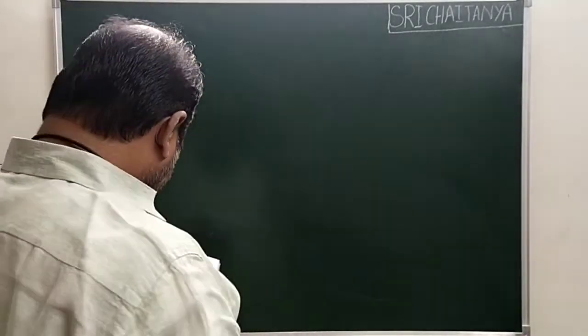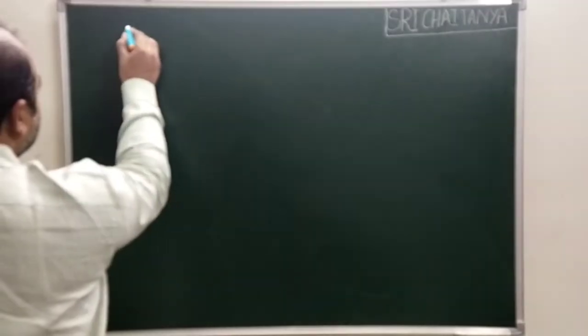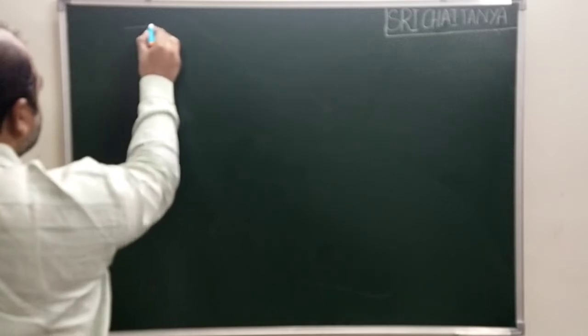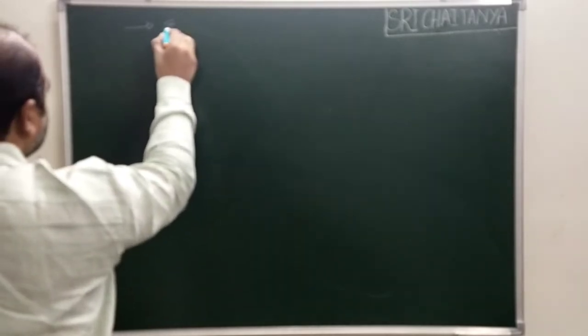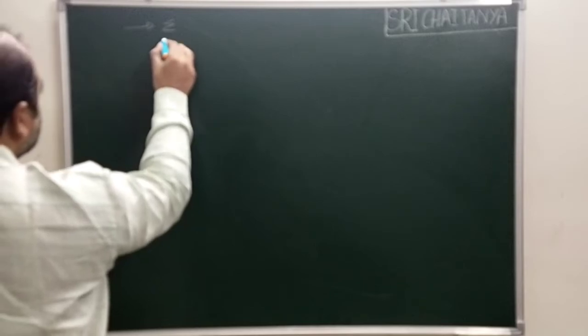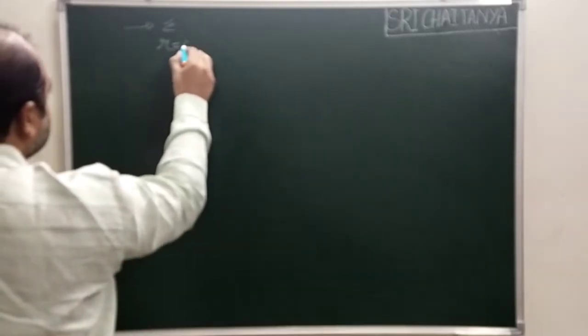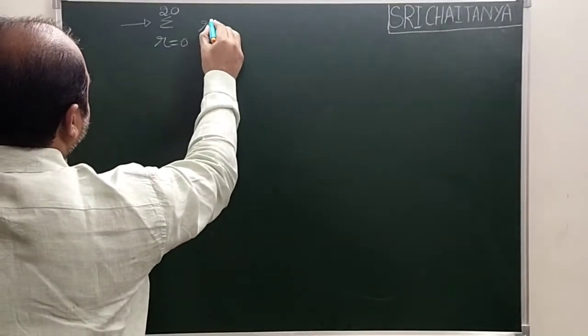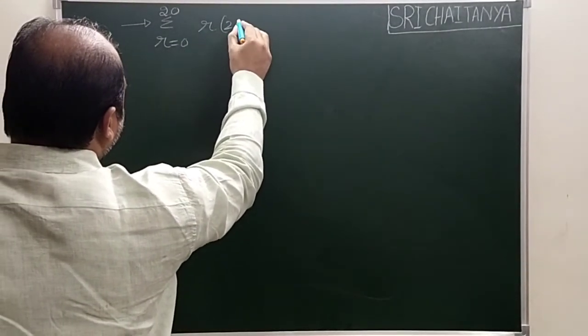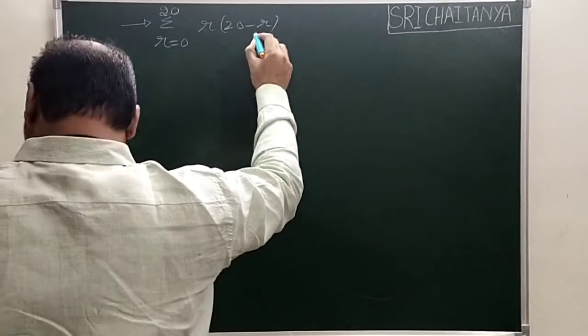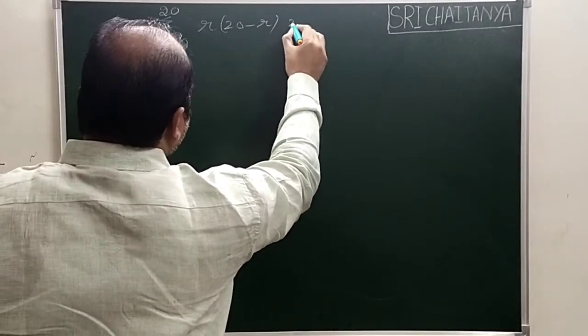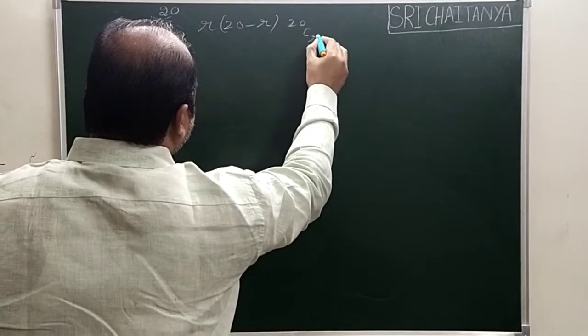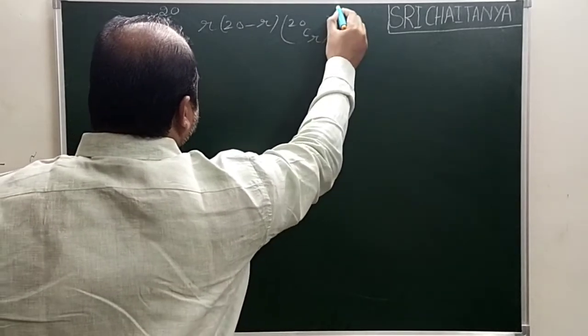Look at sigma r equal to 0 to 20, r into 20 minus r into 20CR whole square.